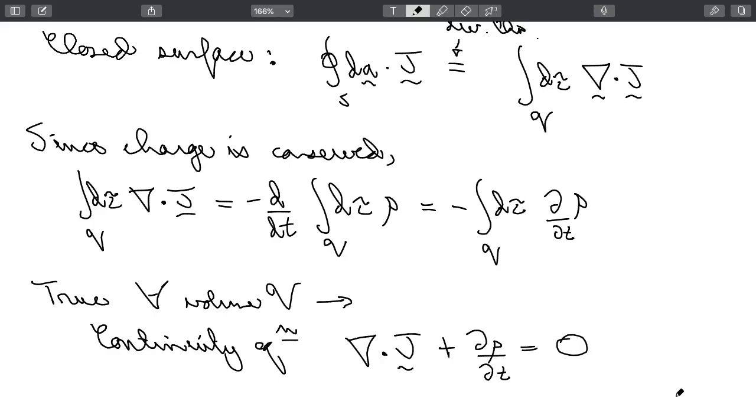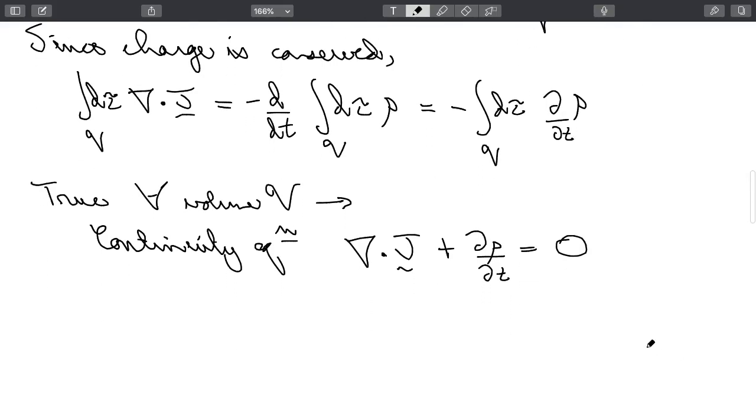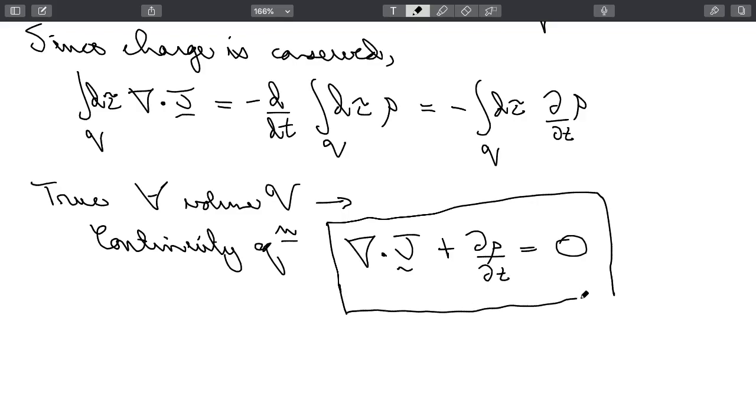What goes out changes the charge, what comes in changes the charge as well, according to this equation. This is a super important equation that you should essentially know by heart. Now, we've applied it to currents and charge density, but a continuity equation is completely universal.